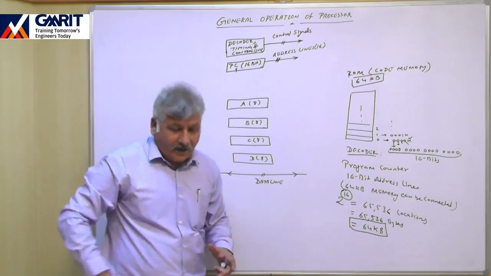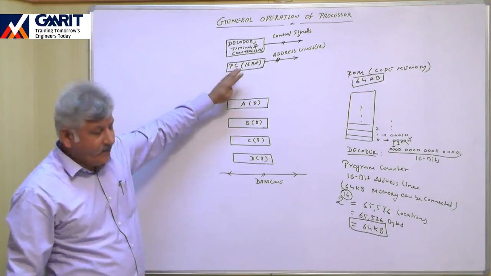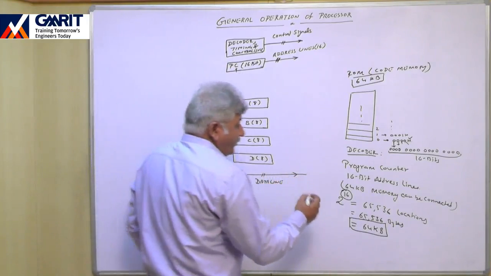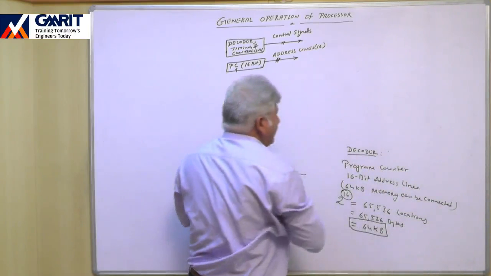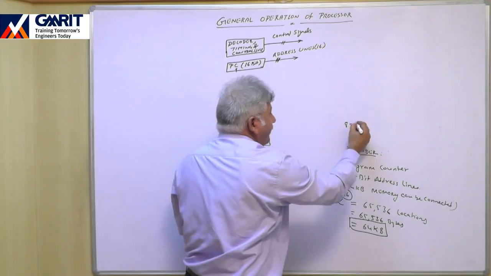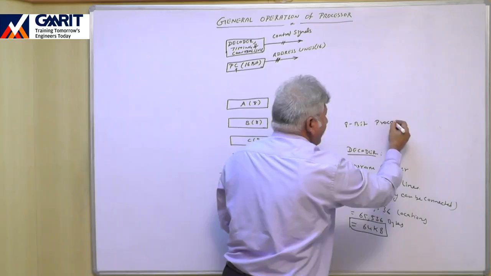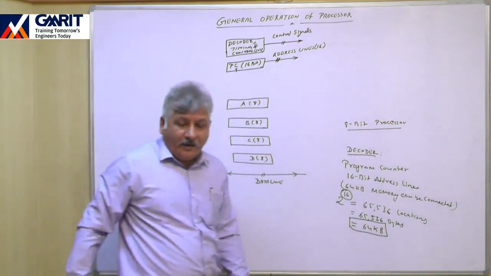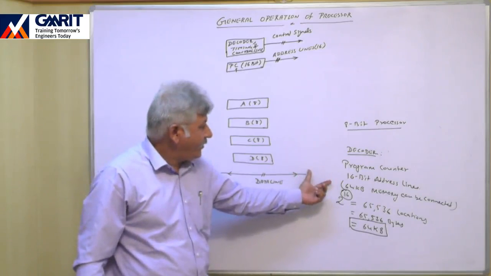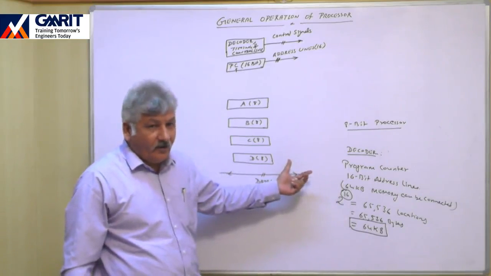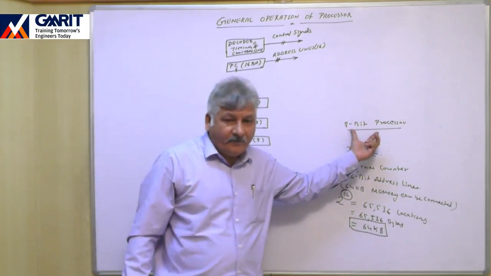Now let us assume that the processor which we are discussing right now is an 8-bit processor. The meaning of an 8-bit processor is that at a time, it can fetch or send only 8 bits of data.